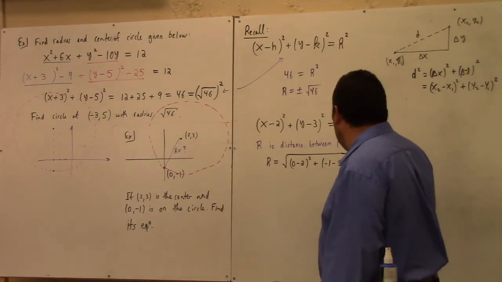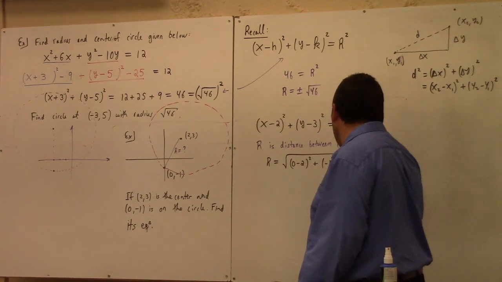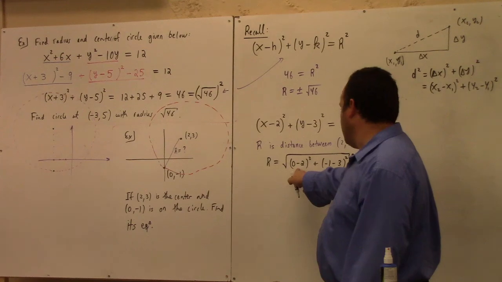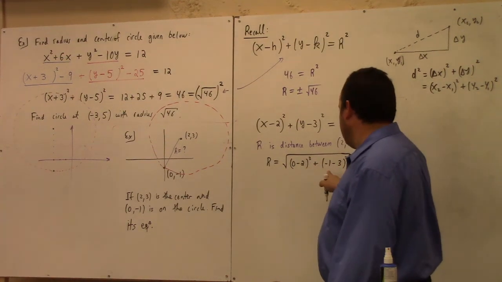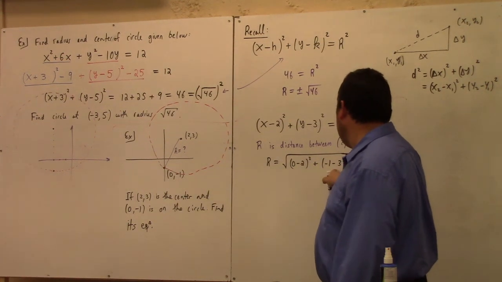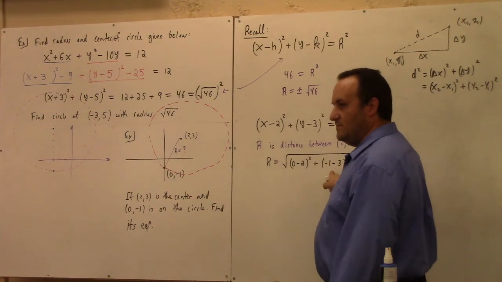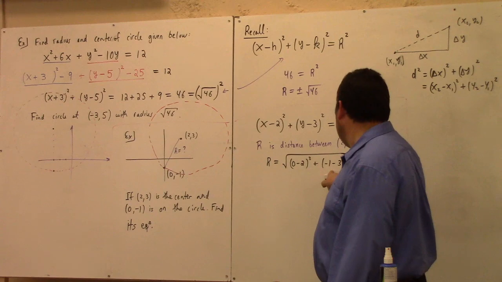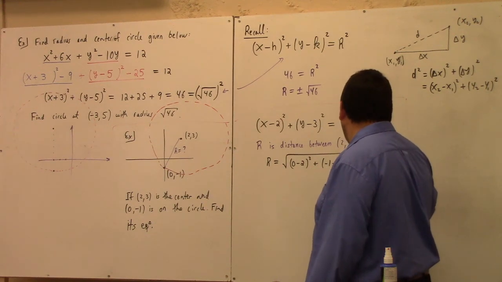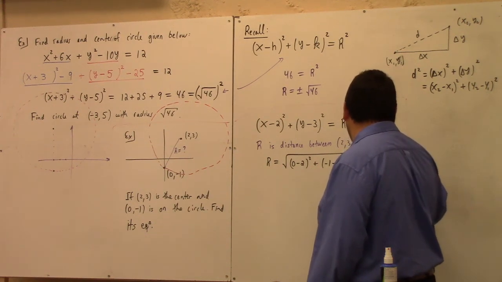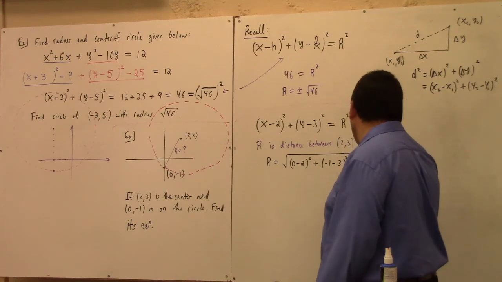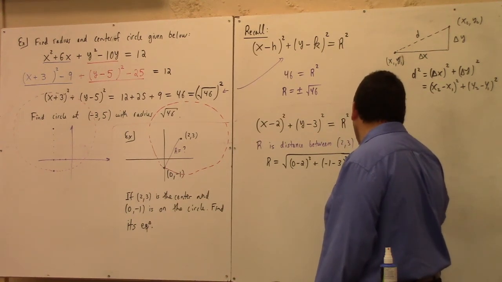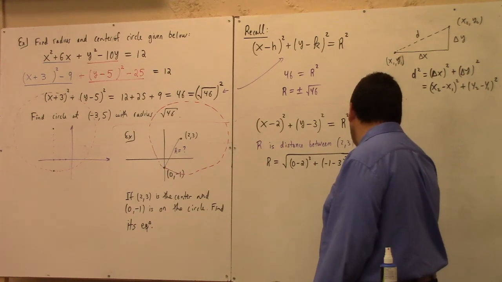So what's that work out to? That's a 4 squared plus 4 squared, right? So 4 plus 16. What's minus 4 squared? 16, right? Yeah, that's fine. So square root of 20.